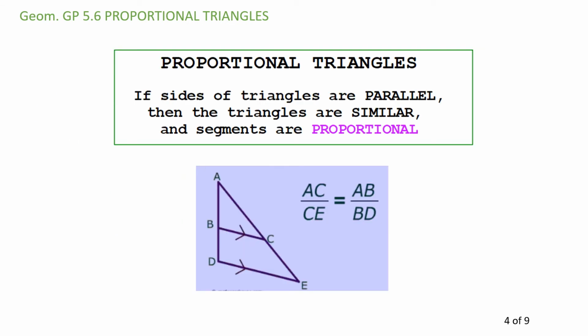How about these nested triangles? If you have a segment that is parallel to one of the bases or one of the legs of a triangle, you can set up quite a few proportions actually. Notably, with the legs themselves, AC is to CE the same way that AB is to DB.